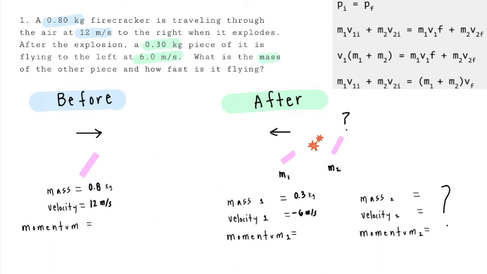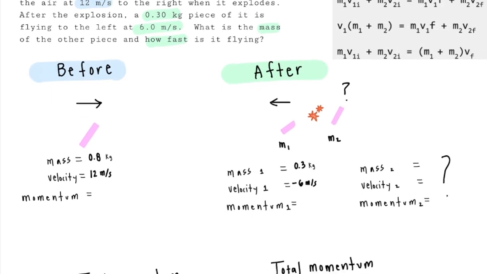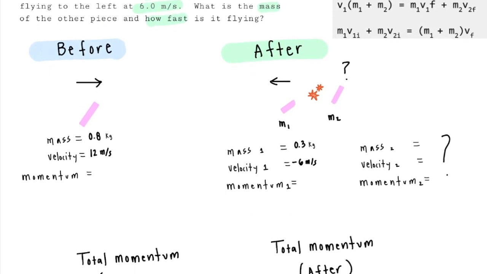And we're looking for the mass of the other piece, and we also want to know how fast it's flying. So here's the single firecracker, and then here's the firecracker split apart.